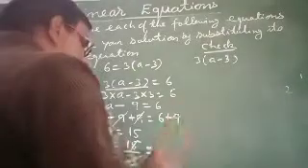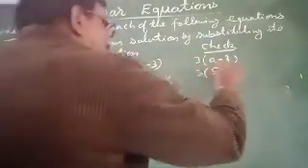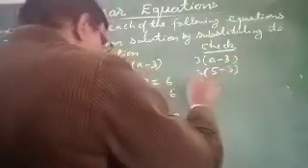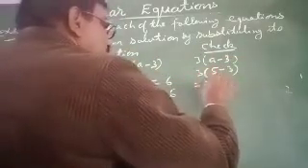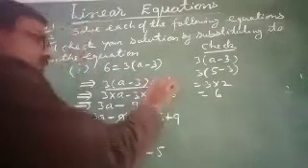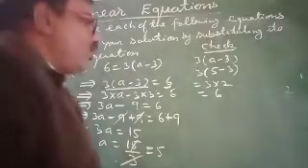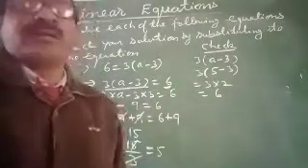So I will put a equals 5: 3 times 5 minus 3. Then it will be 3 into 2 equals 6. You find the right hand side. The right hand side is 6. Therefore, our answer is correct.